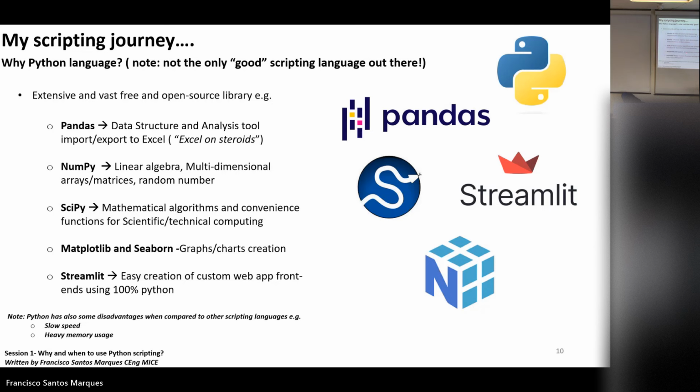Pandas. I'm not exaggerating when I say this, but consider pandas some sort of Excel on steroids. One of the main limitations we have in Excel, and probably most of you have already faced that problem, is that you can only have a certain number of rows.